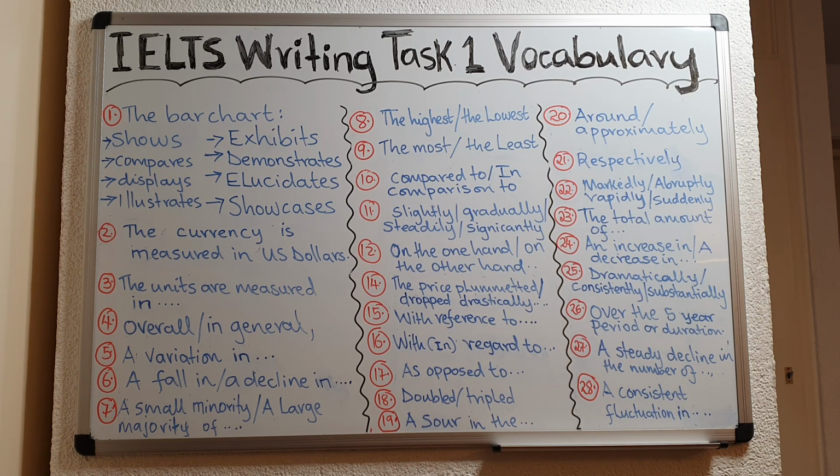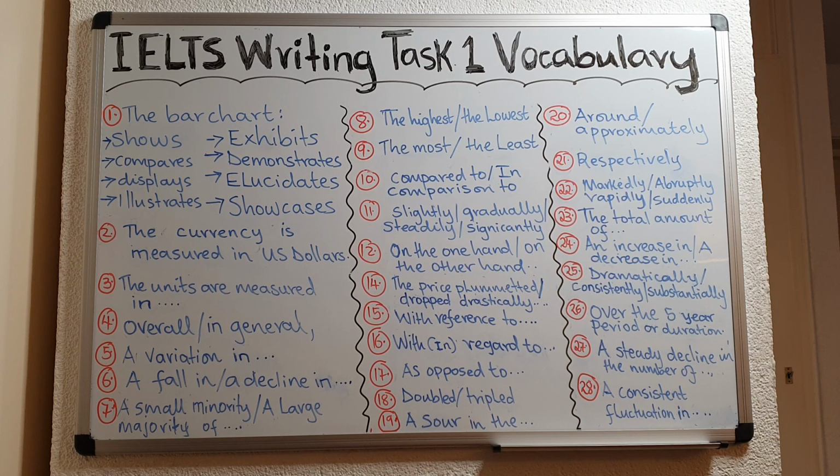Okay? So for example, in a sentence, you can say that in the year 2020, the price of fresh fruits plummeted drastically from 50 euros to 5 euros.